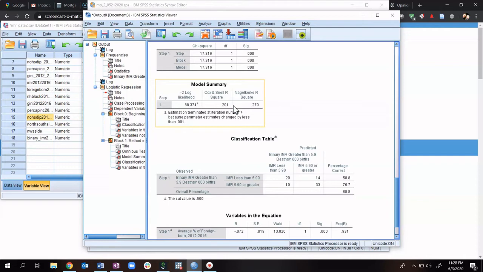So what you get is these two things that theorists, mathematicians and statisticians came up with as a pseudo R squared, a fake R squared. We've got the Nagelkerke R square and the Cox and Snell R squared. We're not going to get too concerned about the differences between them. You just stick to one and interpret it.